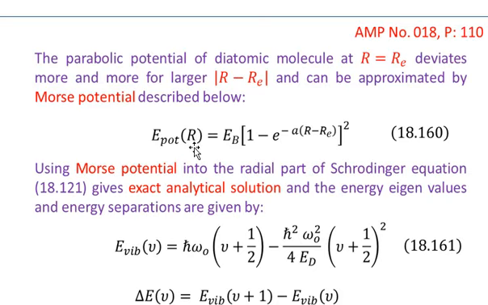So E potential as a function of r is equal to E B times the square of 1 minus e to the power minus a times r minus Re. All the parameters are known except a, where a is some constant, and E B is the binding energy of the molecule, and E pot is the potential energy as a function of r. So this is the Morse potential.